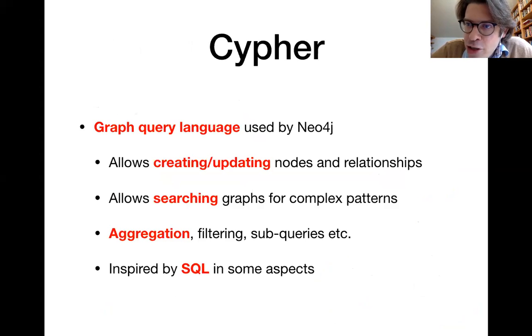And this language allows you to do things such as creating or updating nodes and relations in your graph, to search for specific patterns in your graph, doing things like aggregation, filtering, it supports subqueries, and so on. So in many ways, this language is somewhat inspired by SQL. You will see some common points, but it is specialized to graph data.